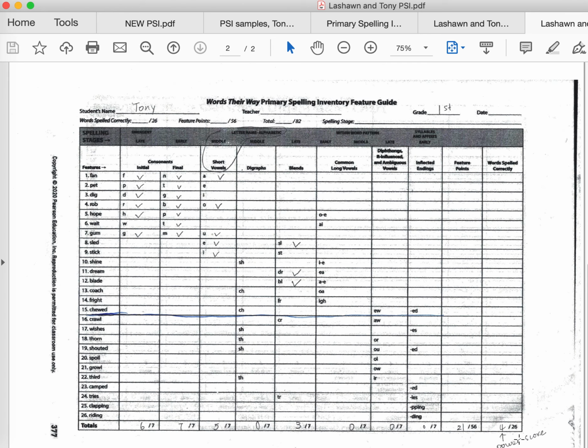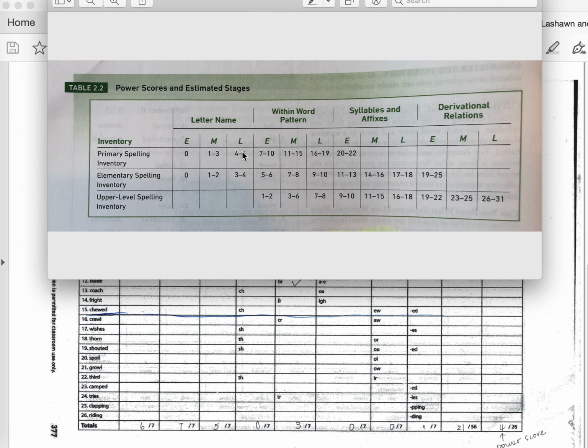Just by looking at Tony's power score of 4 and estimating his level with table 2.2 on page 32 in Words Their Way, his spelling stage would seem to be at the late letter name alphabetic stage.